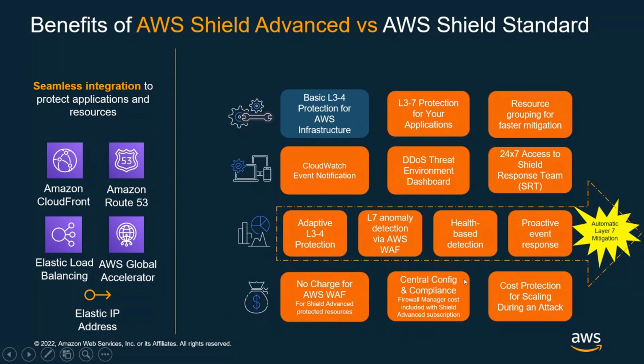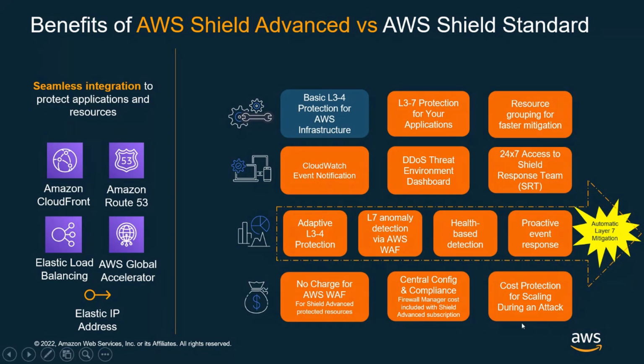Also at no additional cost will be Firewall Manager, which I'll go into more detail on shortly, but it's a service that helps you centrally manage Shield Advanced if you have a bigger deployment and you're not looking to jump into each individual account to configure it.